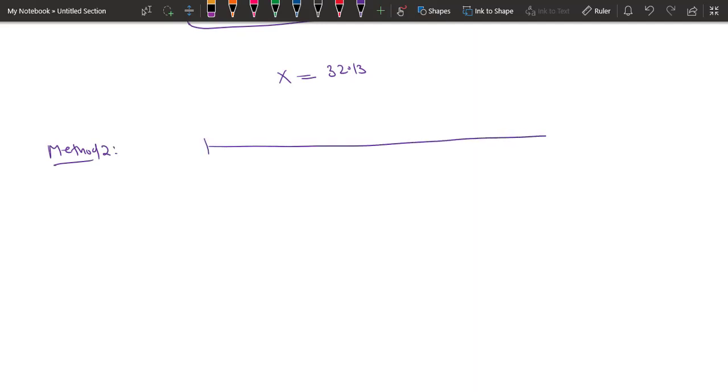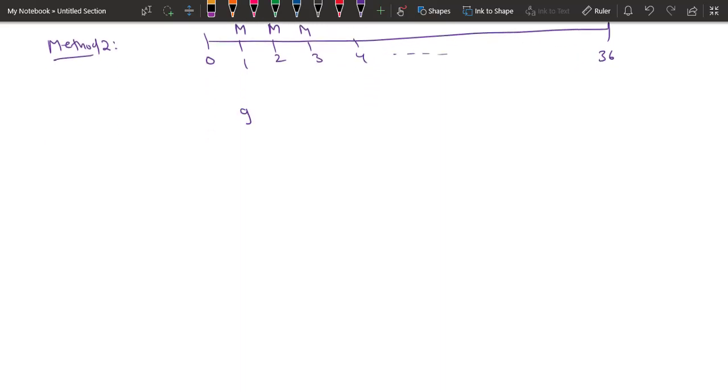In the second method, you will break the payments into months. So there will be a total of 36 payments, and let the amount be m at the end of every month. So the equation of value will be 900 equal to m a angle 36 at the rate of 1.424%.